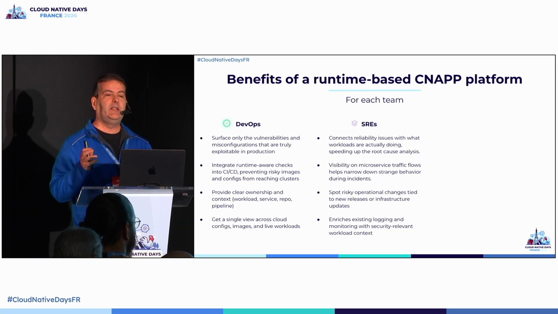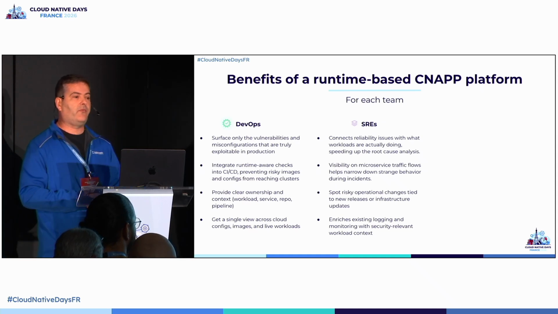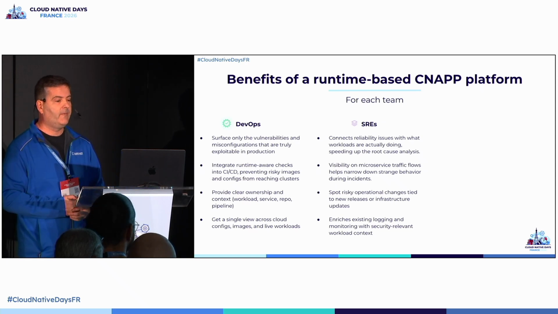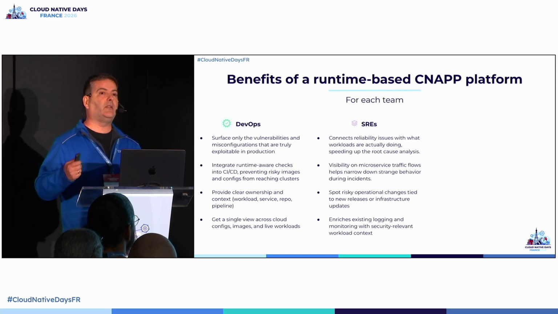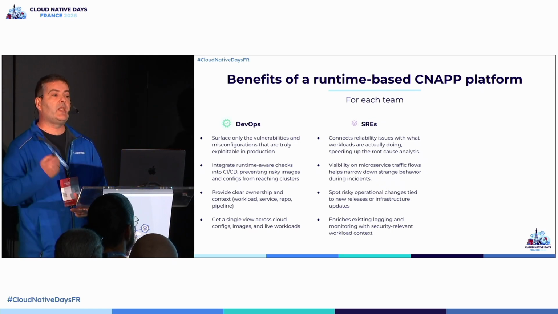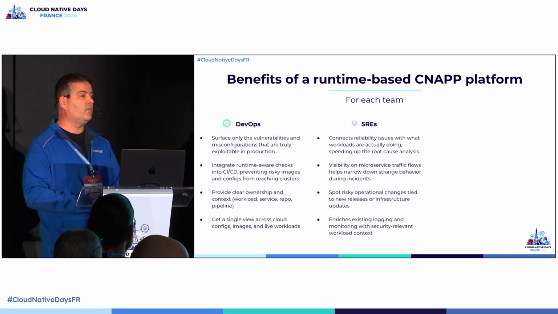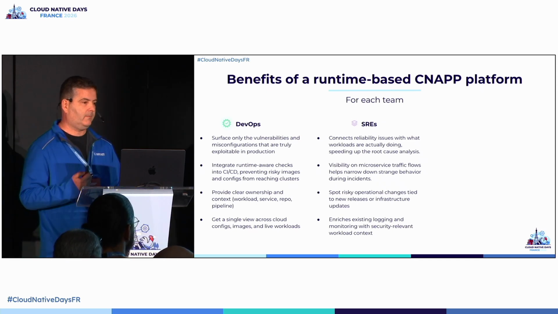What are the interconnected east-west traffic or north-south traffic? Then you would need to visualize that and act upon it very quickly. Spot any risky operational issues. Is the workload affected by an external interaction? And of course, it needs to be complemented with additional context from observability. That's a fact.